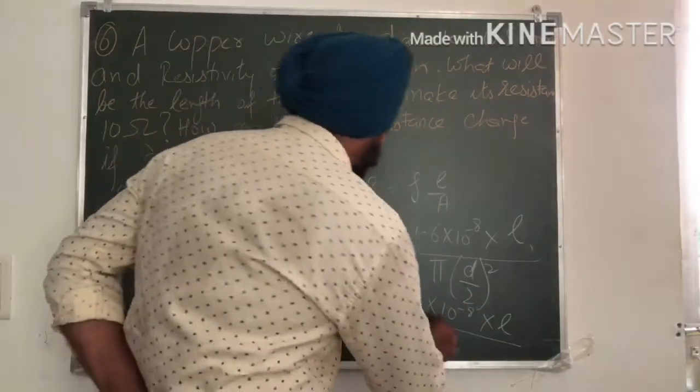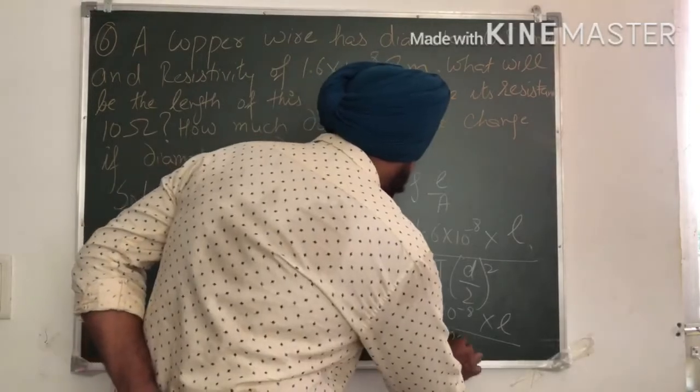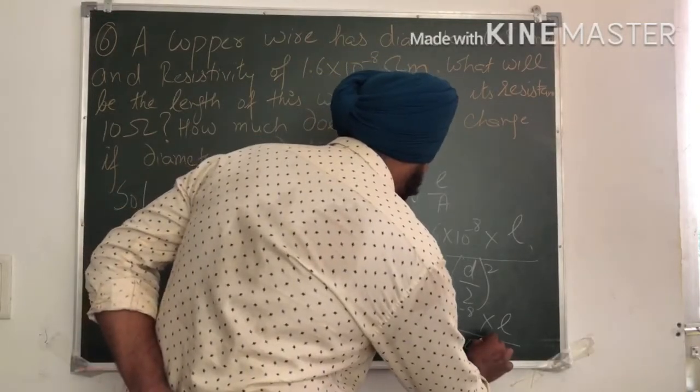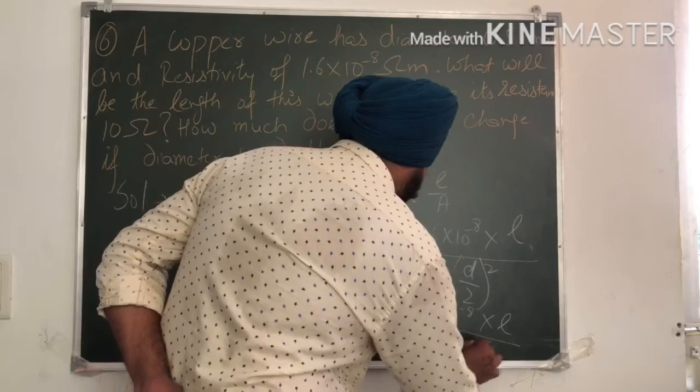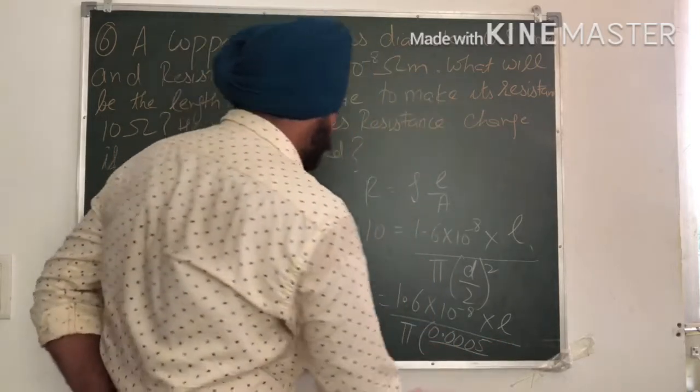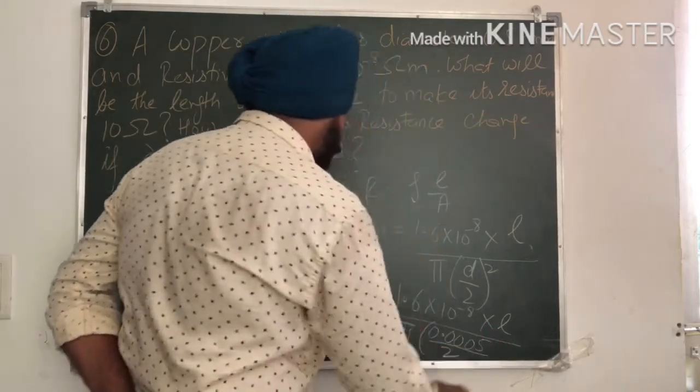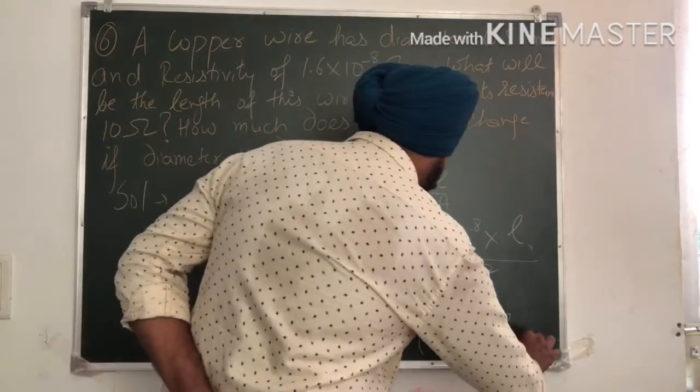So I would be writing 0.0005 over 2 square.